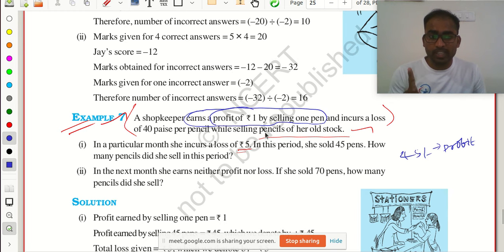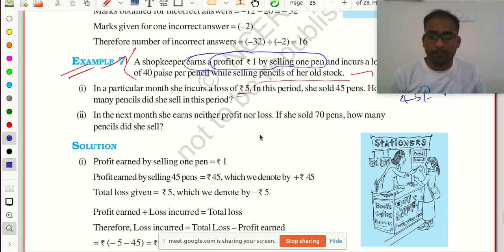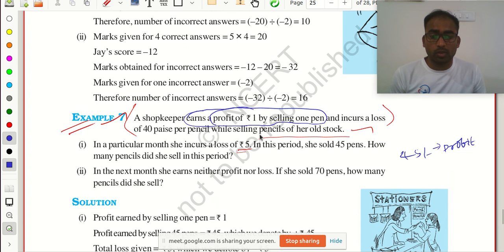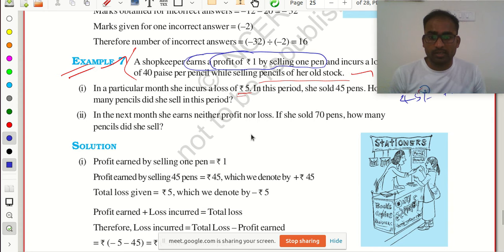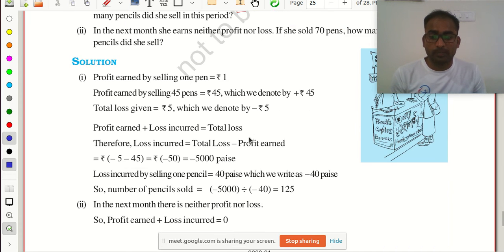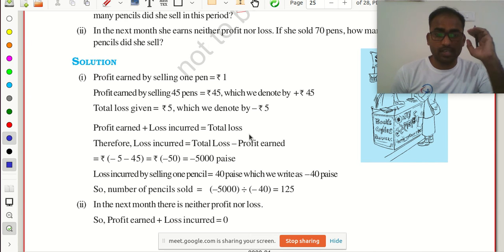For each pencil, 40 paisa, she will get the loss. So what is the total loss? Means how many pencils she sold. Are you understanding the question first?